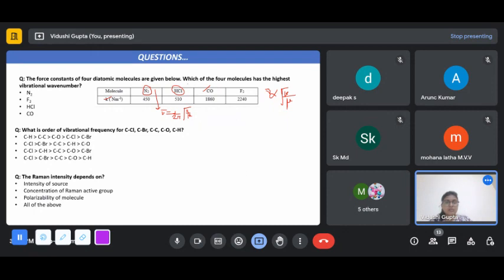So what's the wave number for HCl, CO, F2? Has anyone calculated it? Like the mass of nitrogen, hydrogen, chlorine, you can easily calculate the value of reduced mass. And then substitute the value in this equation and calculate the wave number. Force constant is already given in the question.